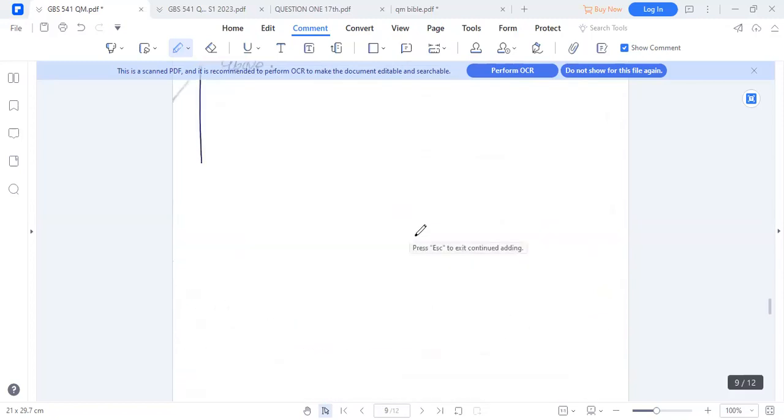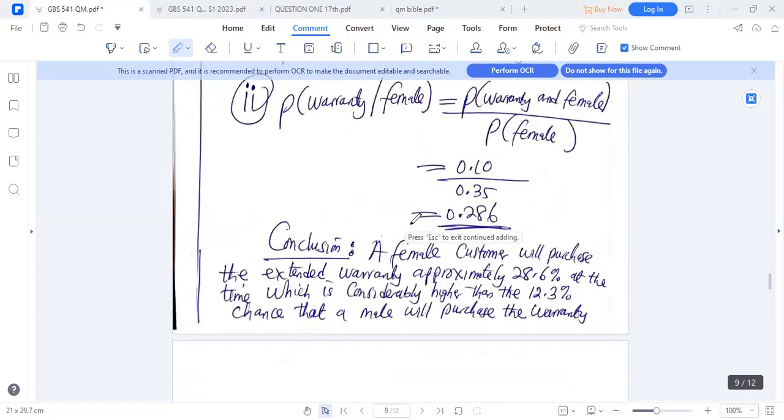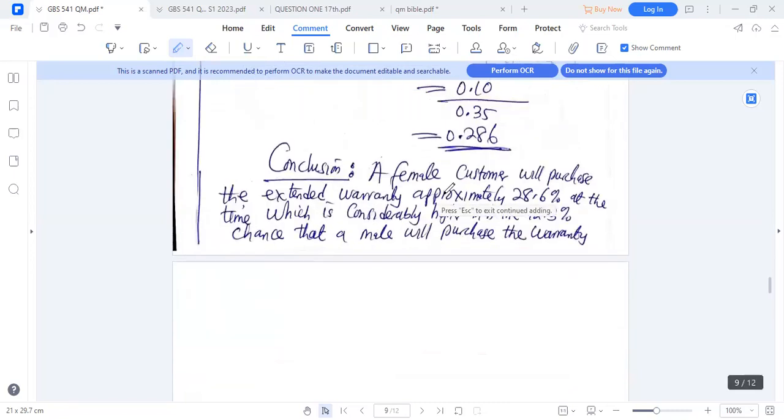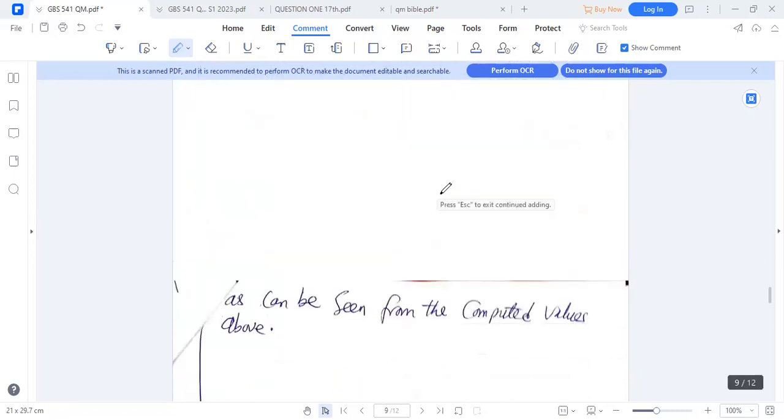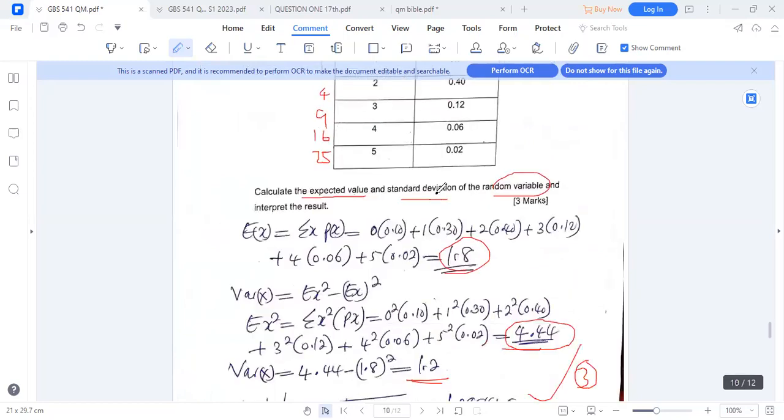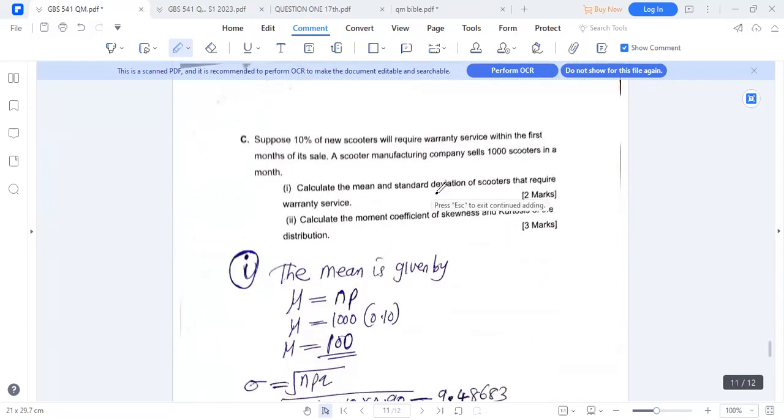That one is okay. Which one? This one, the warranty, male, female. Yeah, this one. This one I'll teach again. Okay, we'll go through it over the weekend. Great.